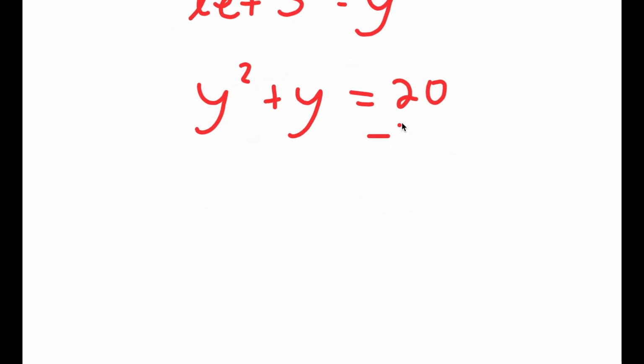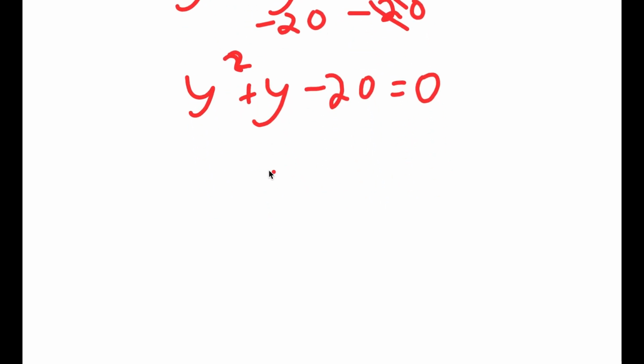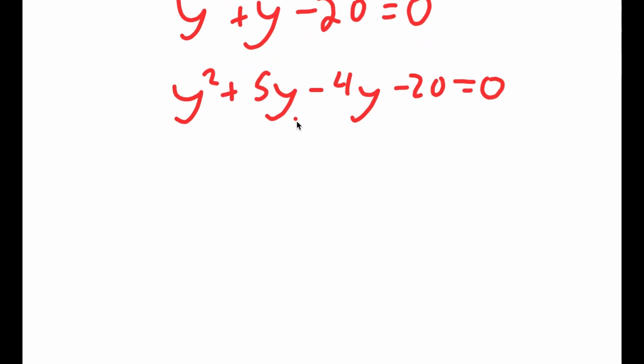And now I'm going to simply subtract 20 on both sides. So then these two cancel out, and I get y squared plus y minus 20 is equal to 0. Now I'm going to rewrite y here as 5y minus 4y. And I'm going to factor this by grouping.